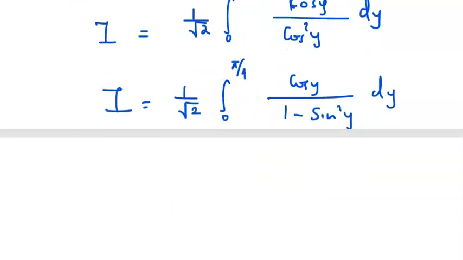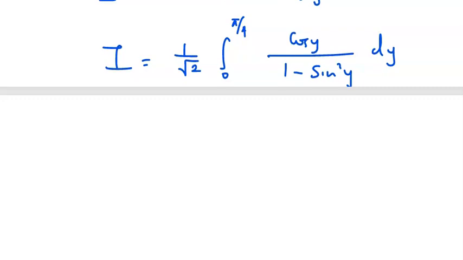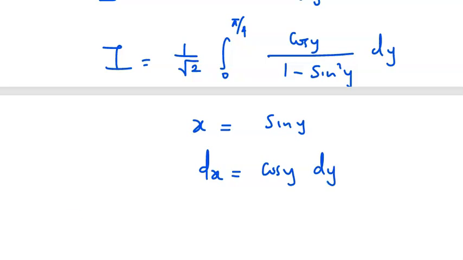So you can see that we have something really cool now and easy enough to solve. So we're going to let x equal the sine of y. Differentiate both sides, we get dx equal to the cosine of y dy. So our I will be equal to 1 over root 2, the integral.